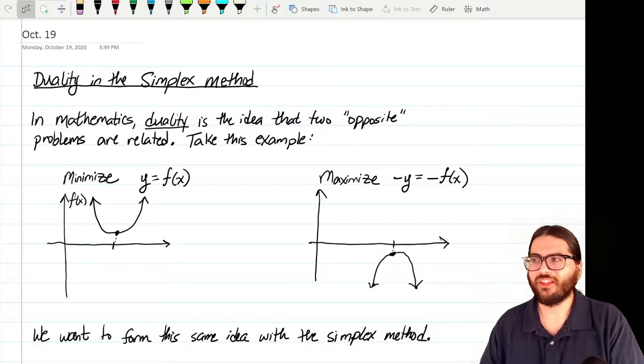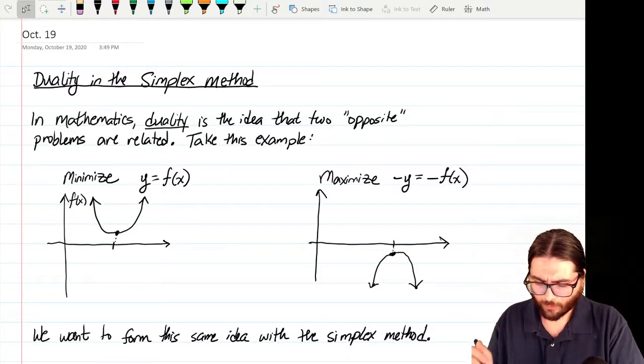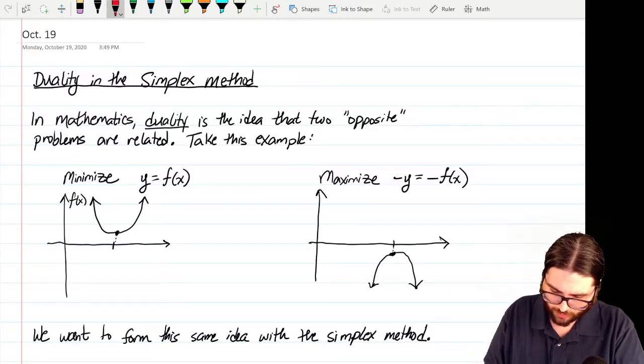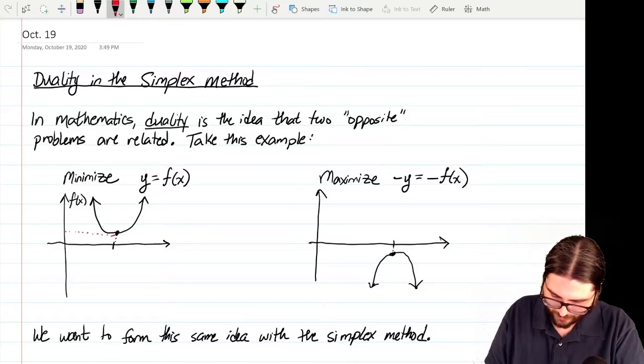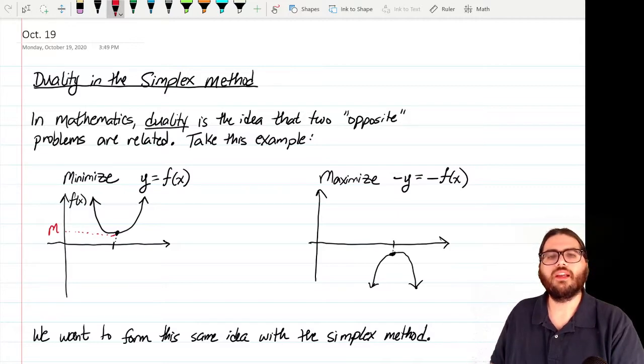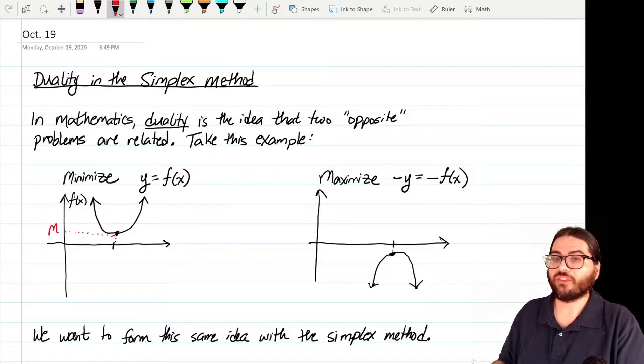And what I've seen is that if I want to minimize this y value, if I follow along this curve until I find the minimum y value, I might call that big M, the minimum value. That is a dual problem to maximizing the negative y value, right?